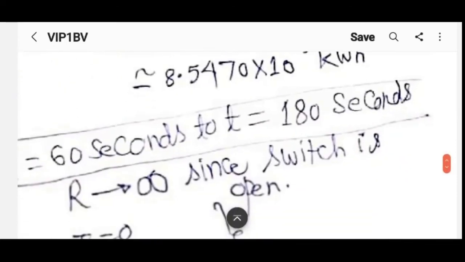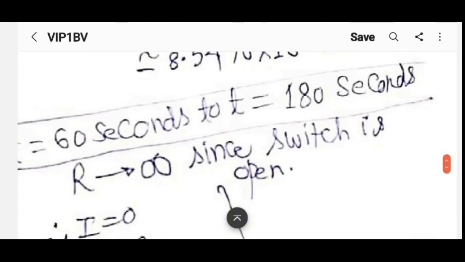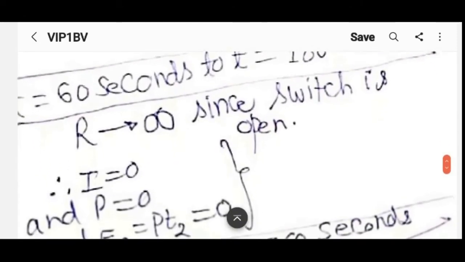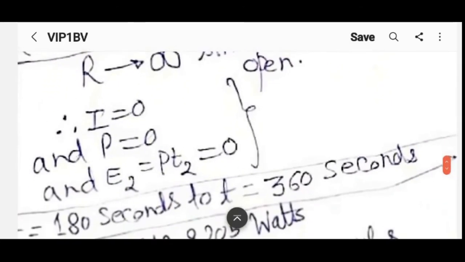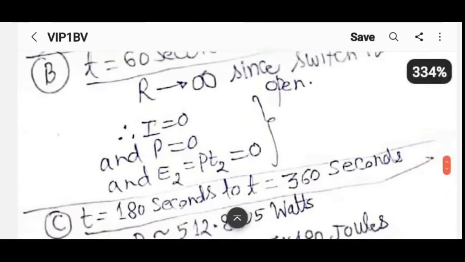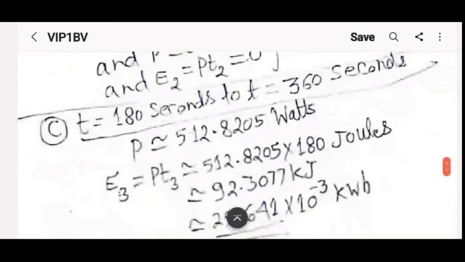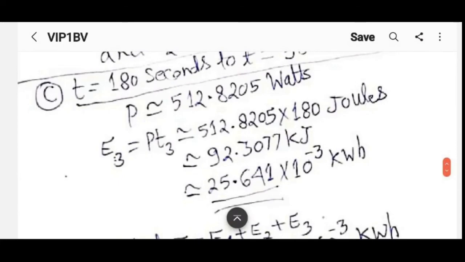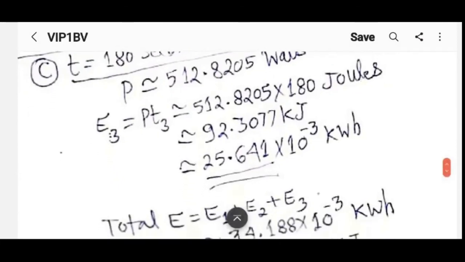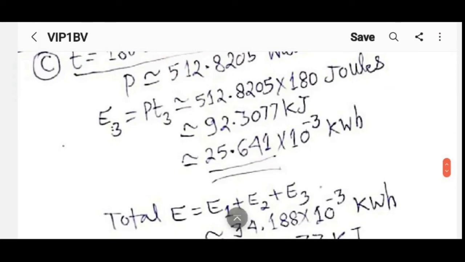Now, in the second interval, the switch is open, so no current would flow. So power will be 0 and energy consumed will also be 0. In the third interval, power will be the same as in interval 1, but the time period is different. So we repeat the calculations and we get the energy consumed in the third time interval.